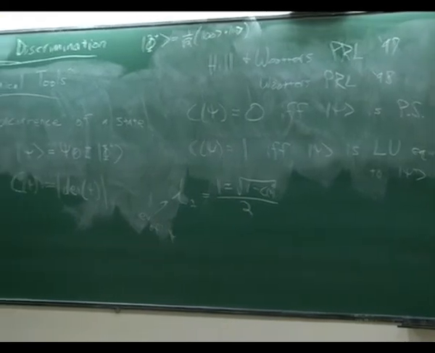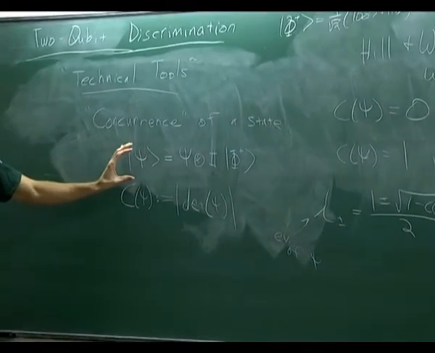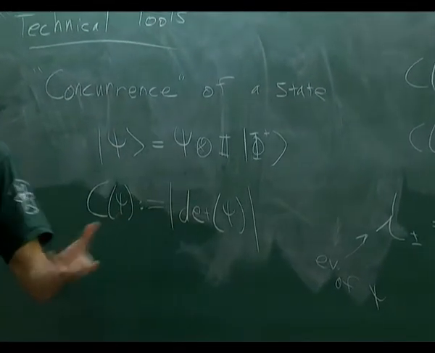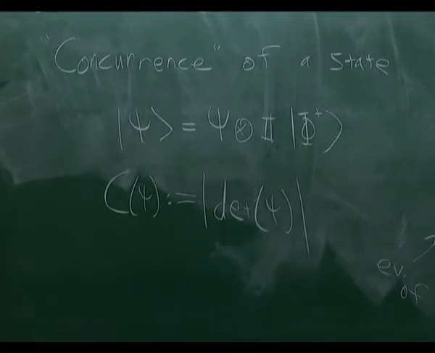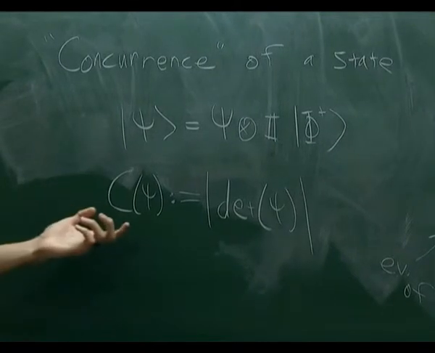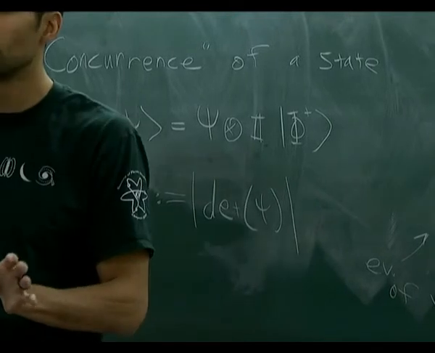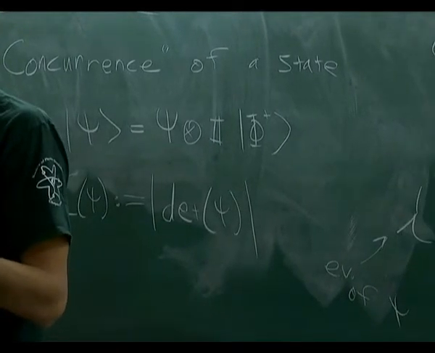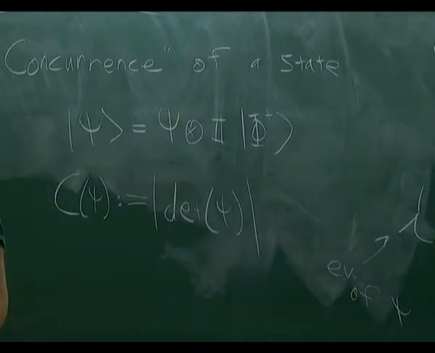Okay, two things. First, the way I've defined it, we're just talking about pure states here. You can extend it to mixed states with a convex roof extension, which we'll talk about on Thursday. There, if the concurrence is 0 for mixed states, it would be equivalent to the PPT condition.